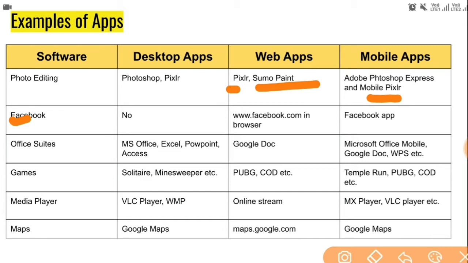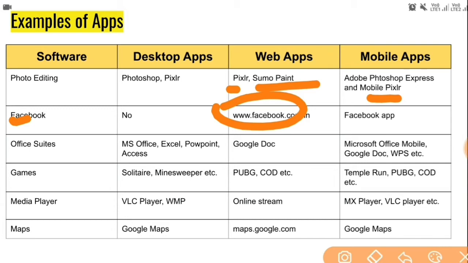For using Facebook on the desktop, we require a web browser. Okay, so www.facebook.com is a URL, and if you write this URL in the address bar and press enter, then you can see Facebook.